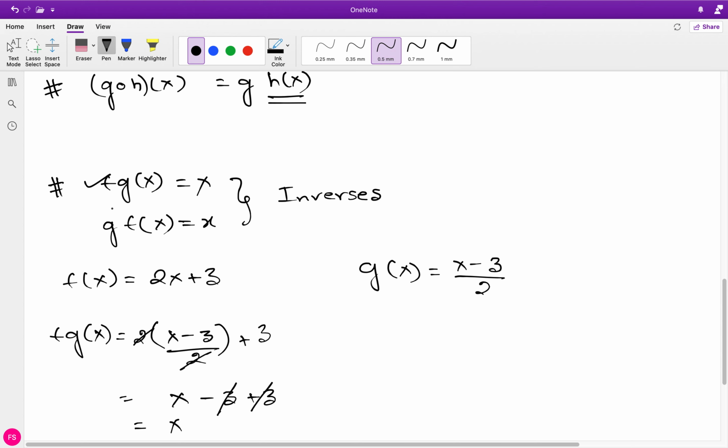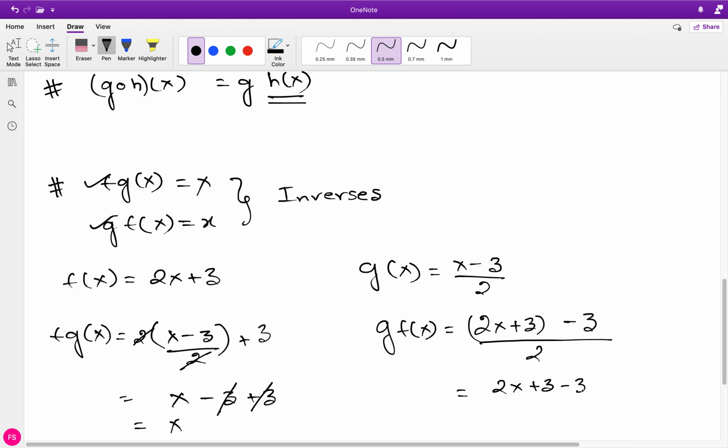So it's already true for this. Now let's look at this one, g of f of x. If I use f of x as the value of x for this function, what happens? So for x, I'm going to write 2x plus 3 minus 3, as you have it outside, over 2. This equals 2x plus 3 minus 3 over 2. 3 and 3 get cancelled out.